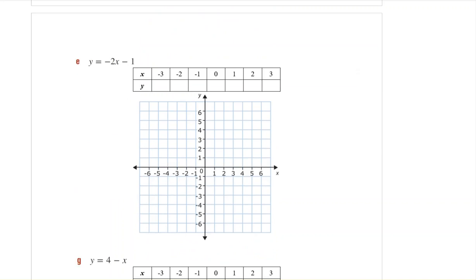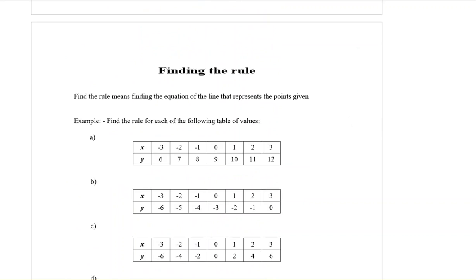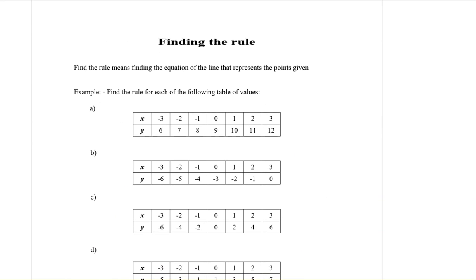So let's have a try of these tables that I've given you today. You're always going to be looking for 2 numbers. If I write down the equation in the form y is equal to mx plus b, that's one of the formulas that we use for a straight line. I'll be using it more through this topic. The 2 numbers that we're looking for are the m and the b.